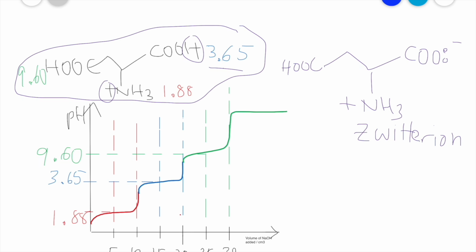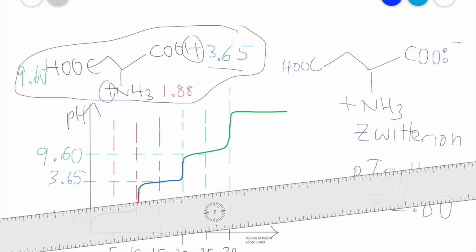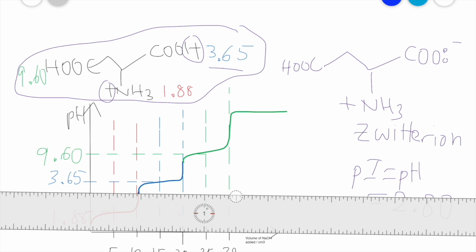And so therefore the pI equals the pH equals 2.80, if I'm not wrong. Was it 2.80? Hope so. Yes, it was 2.80. So therefore I can just grab my ruler now, and I can just find the middle of the equivalence point.